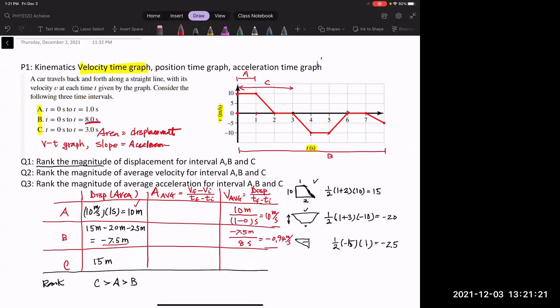And C is 15 meters, and divide by how much time? It's from 0 to 3, that's 3 seconds. So that is going to be 5 meters per second. And that's the velocity. Now, if we look at the magnitude of that, where we don't care about the sign, then in this case, the rank will be A greater than C greater than B.